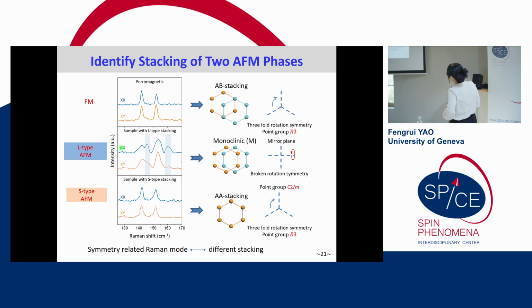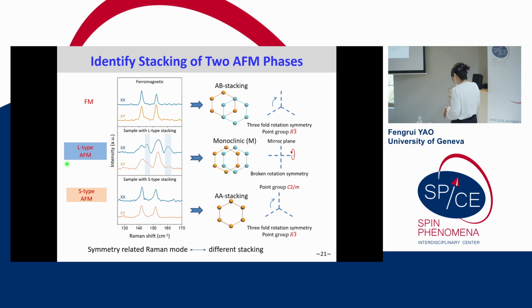This is exactly what we saw in the sample with L-type stacking. And again, for the sample showing only S-type stacking, we saw these two degenerate Raman peaks without polarization-dependent behavior, because AA stacking also keeps the three-fold rotation symmetry. So this peak will not split.